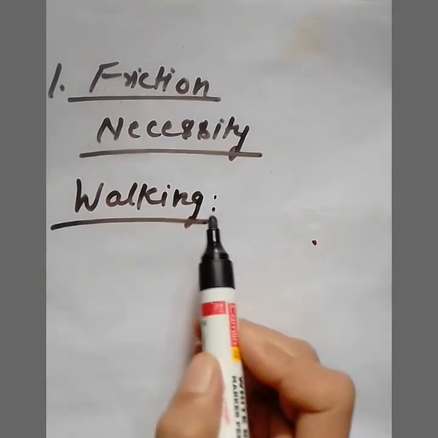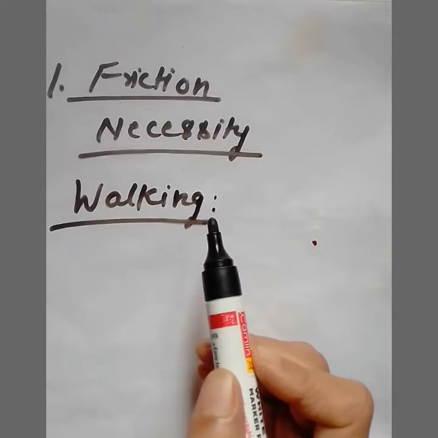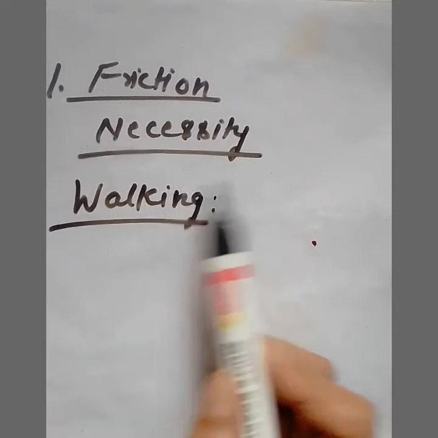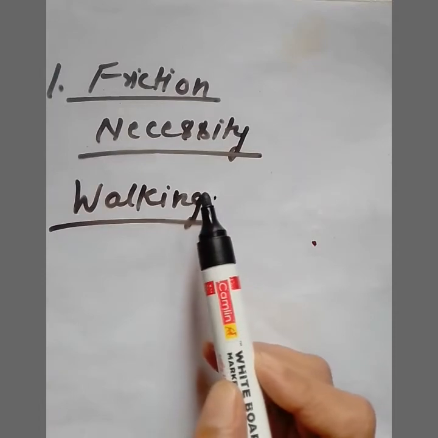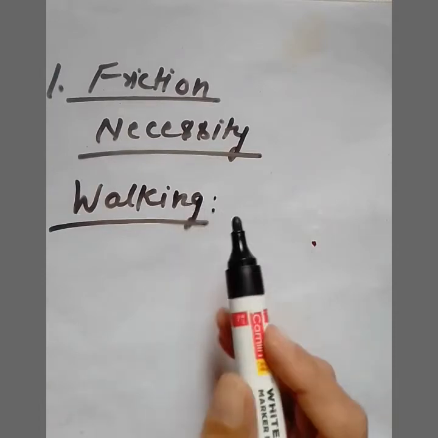Students, only because of the frictional force we are able to walk on the ground, because it is the friction between the ground and our feet, means the sole of the shoes, that enables us to walk.